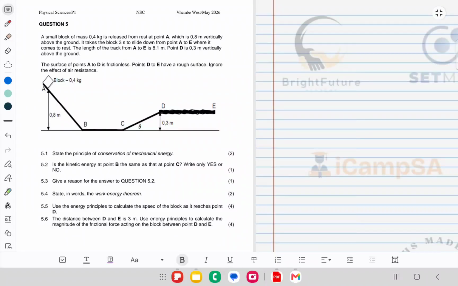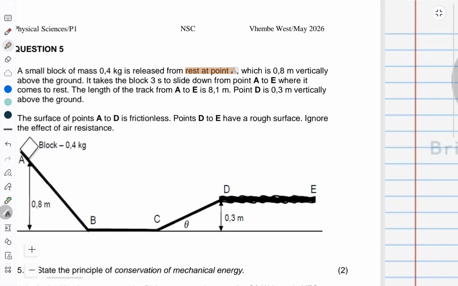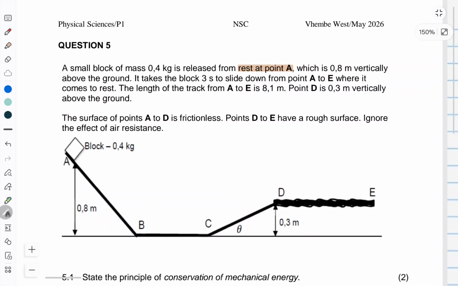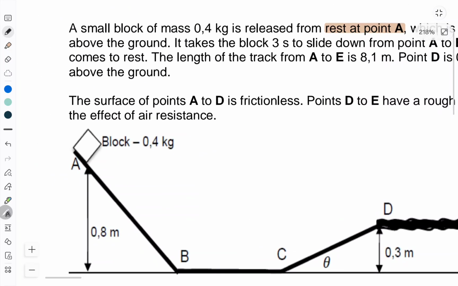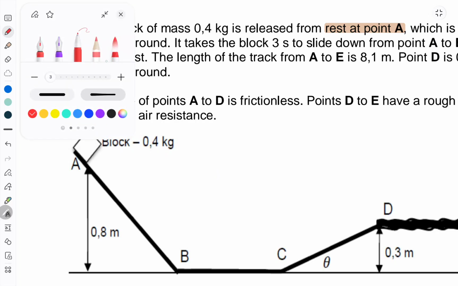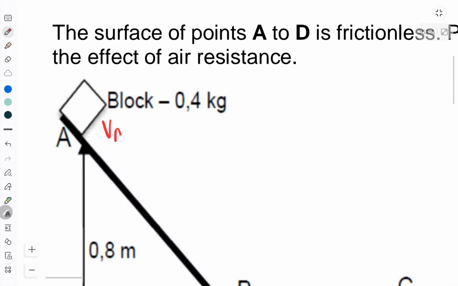Here we have a small block of mass 0.4 kilograms that is released from rest at point A. That means at point A, we can call it VA, the velocity at A, is 0 meters per second.